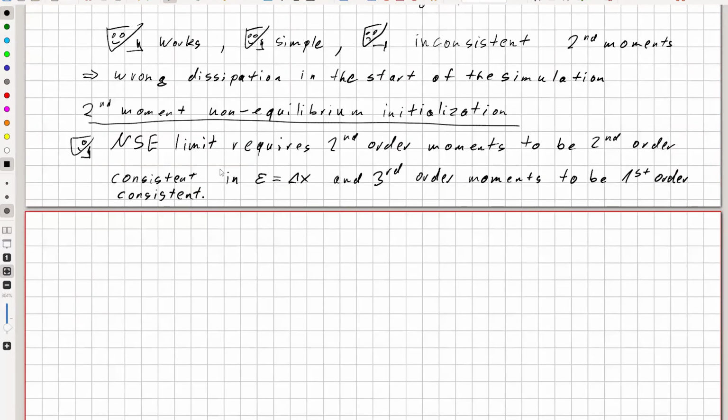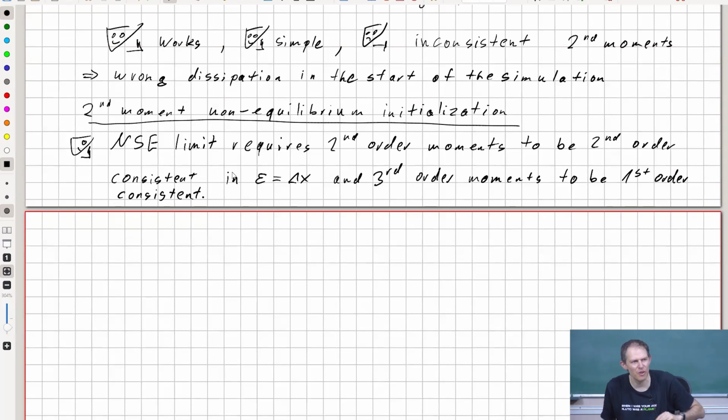So I'm picking from something that I've not yet explained in that detail. We decided that we first talk about boundary conditions and initial conditions before we make the last step in the analysis, which is the asymptotic analysis, which we'll talk about on Monday. Then it will become absolutely clear why the second moment needs to be second order and the third moment needs to be first order.